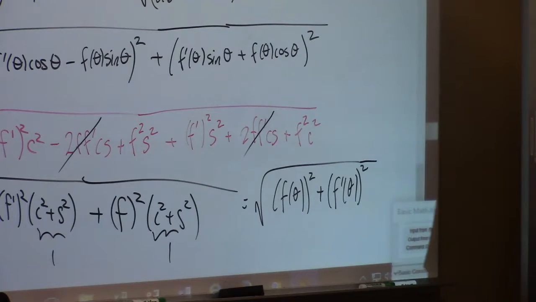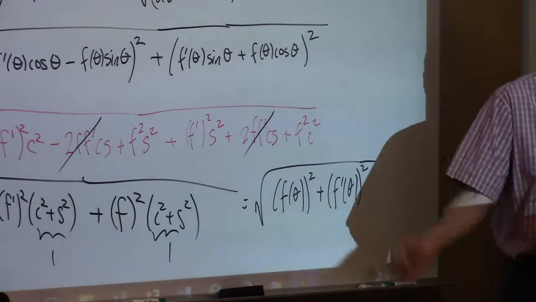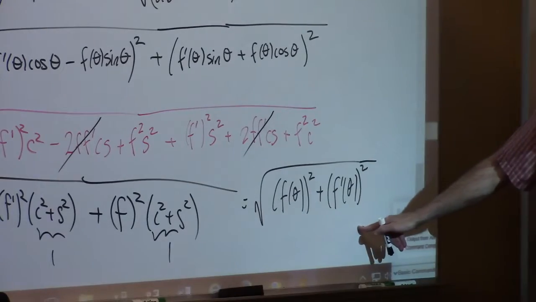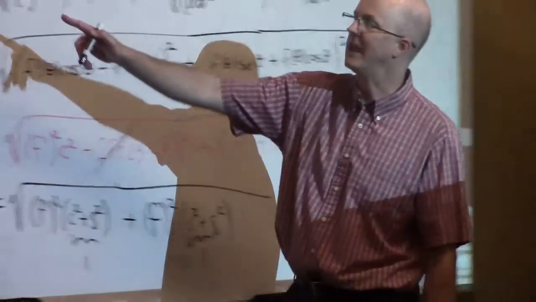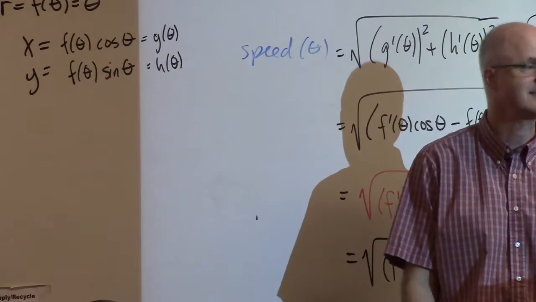So, the speed formula in this context, if you imagine theta as being the same as time, again, which you can do if you want, in a certain situation, simplifies to this. I don't need to involve g and h. I can just use f. That's nice.